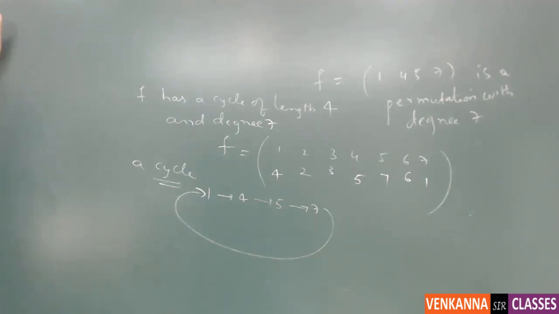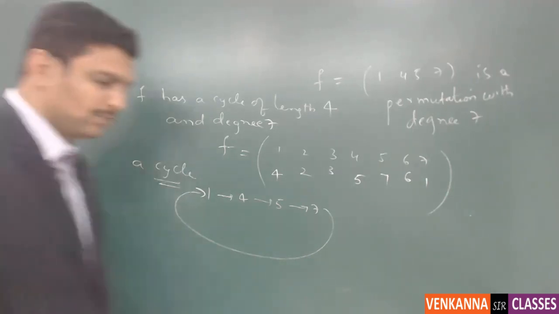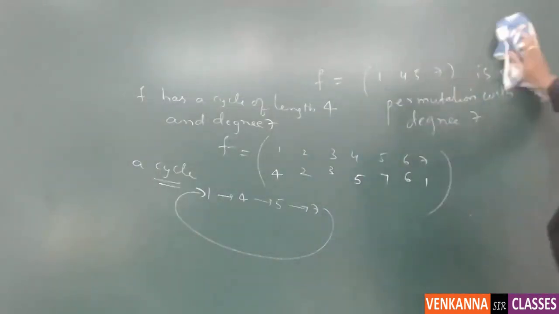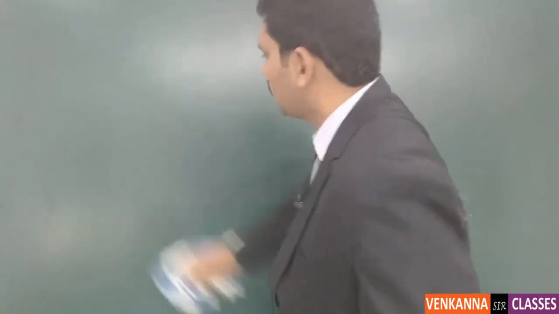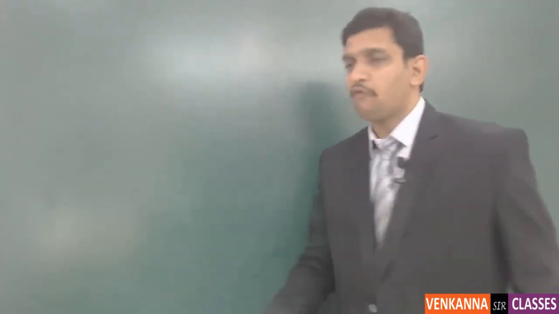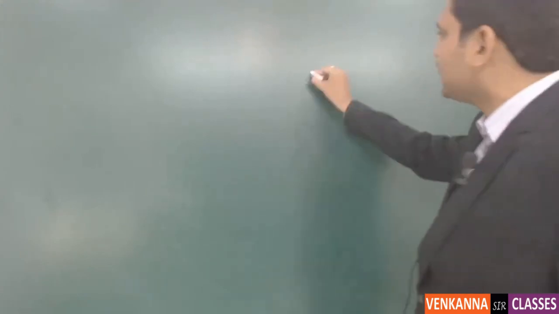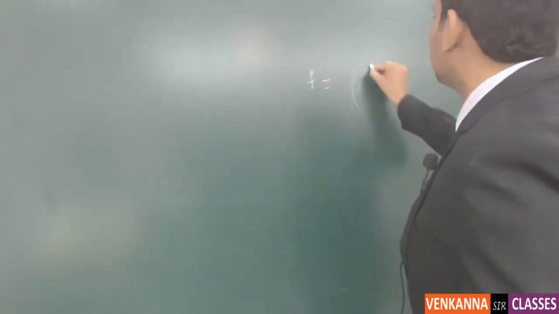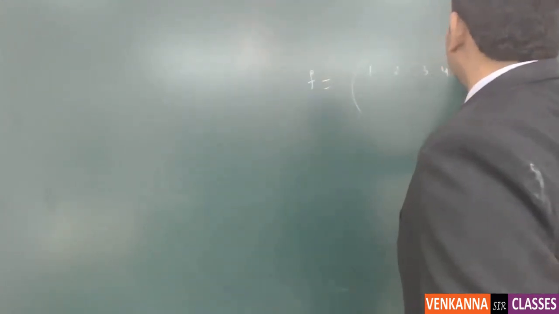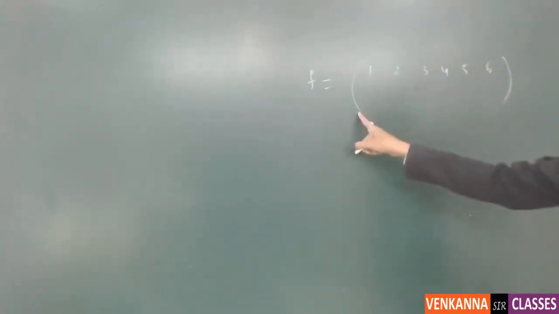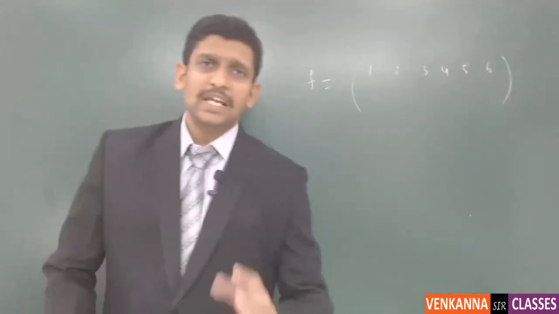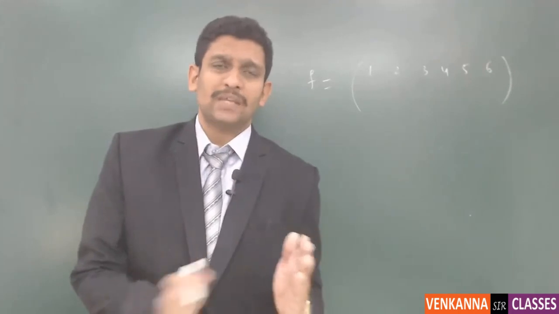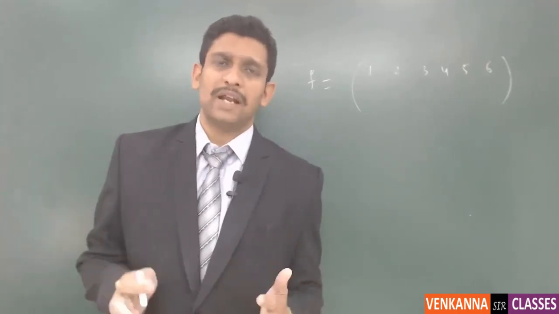Fine. Now let us do some interesting problems. We all know that the permutations form a group. Let me take a permutation like this. Now here, you give me the images as you wish. Generally, mathematically, symbols are nothing but numbers.